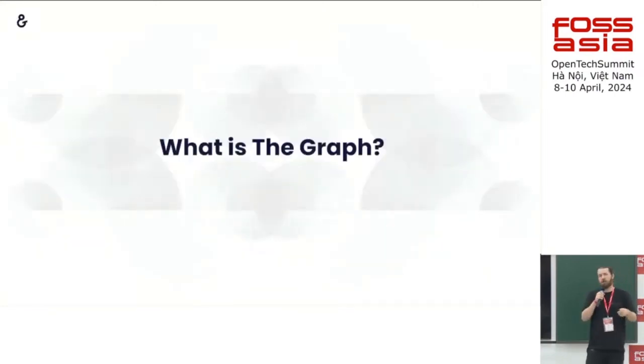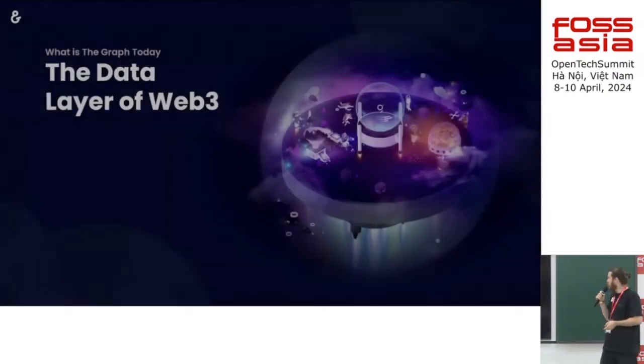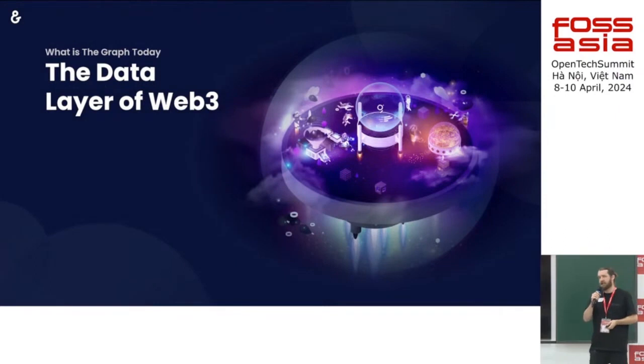So what is The Graph? Well, The Graph is one of the solutions to this problem. It is essentially the data layer of Web3. We are a decentralized network of nodes. Similar to how Ethereum has a decentralized ethos, so does The Graph. All of these nodes are running indexers.